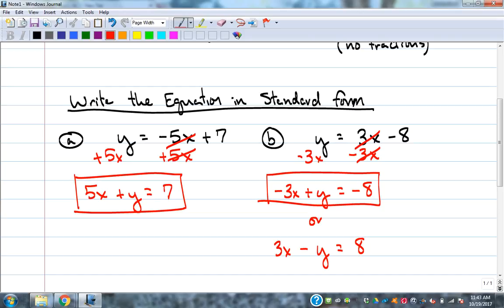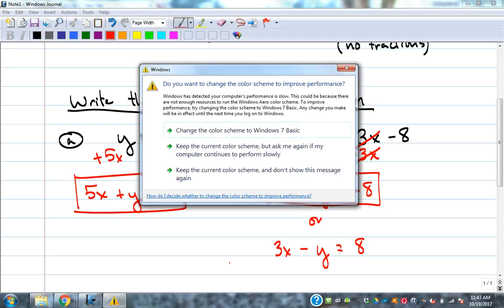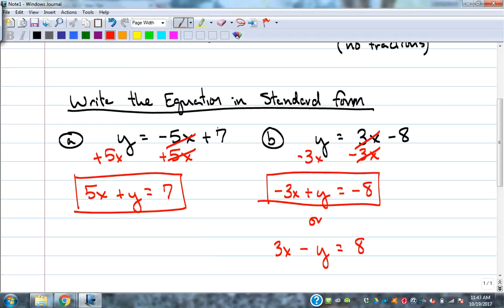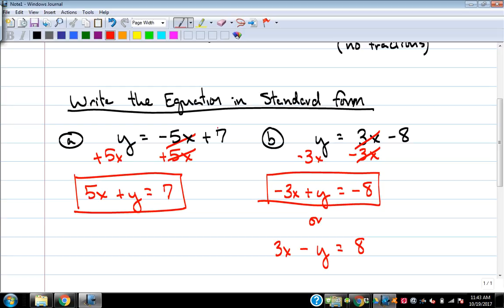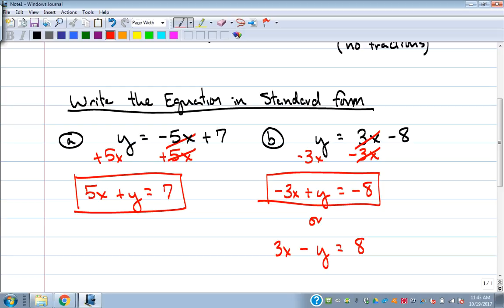If you put this back in slope-intercept form, that comes up every day, it would be that original problem. If you put this in slope-intercept form, it would be the original problem that we started with. They are equivalent equations. Understand that you have to change the sign of everybody for it to work like that.